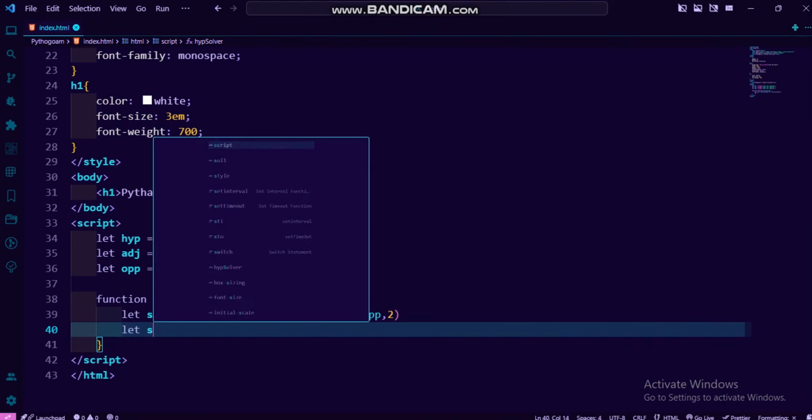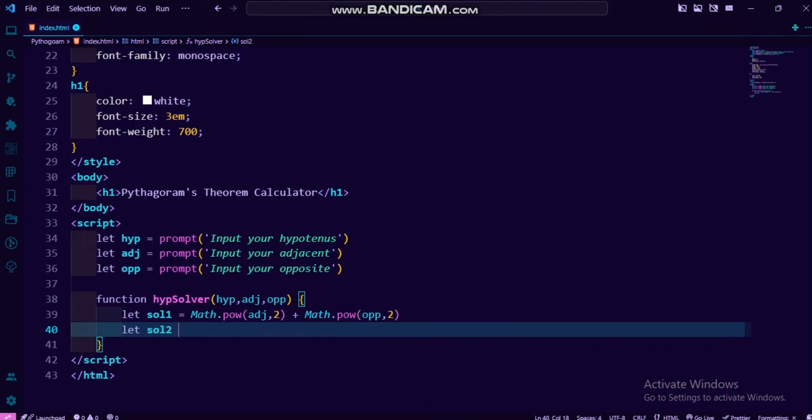Solution 2 equals the root of solution 1.